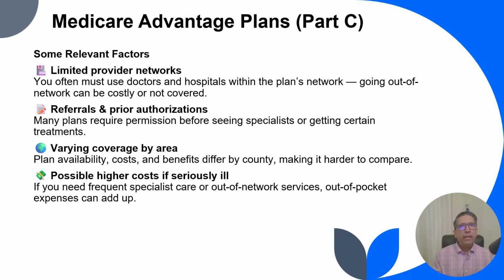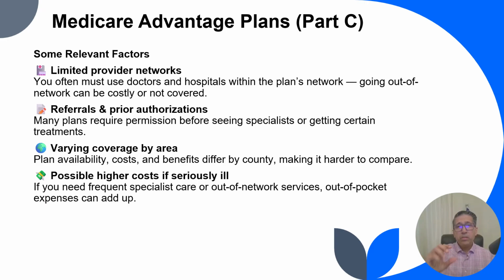Possible higher costs if seriously ill. This is a good point that we need to touch on a little bit. While many Medicare Advantage plans cap annual out-of-pocket costs, frequently what is not covered is out-of-network visits.